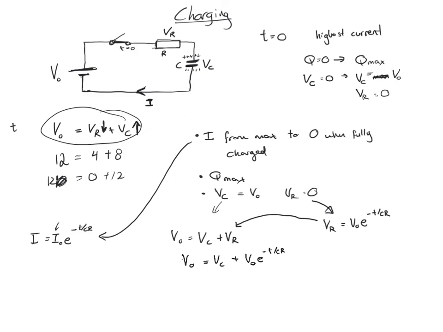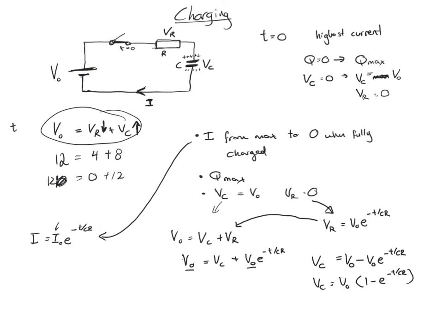I'll rearrange and take a common factor out. So VC is equal to V0 minus V0 e to the minus t over CR. Take the common factor, and that's V0 times 1 minus e to the minus t over CR.